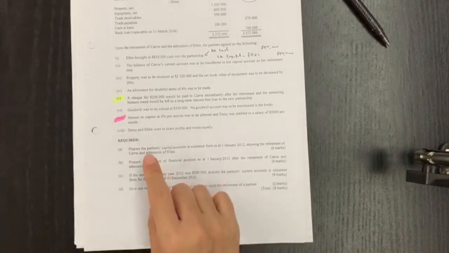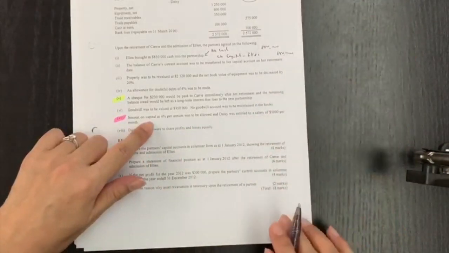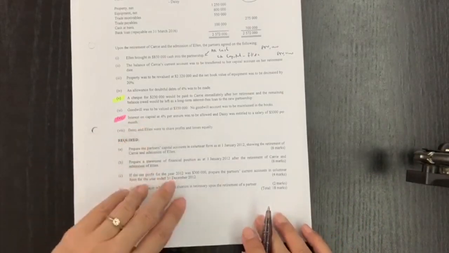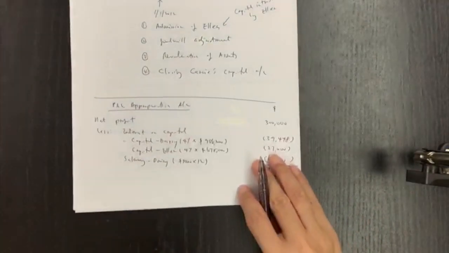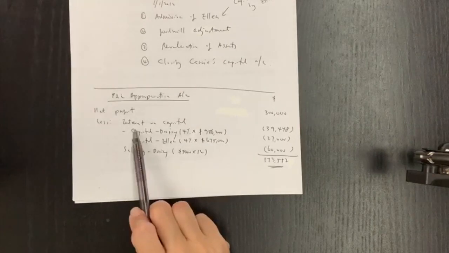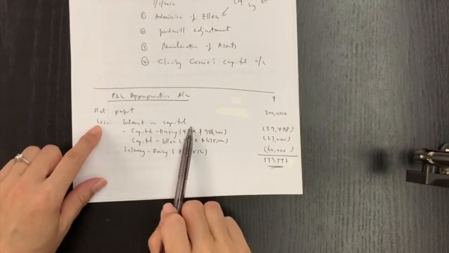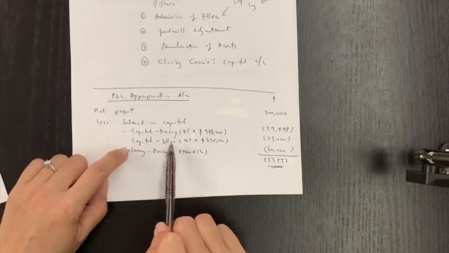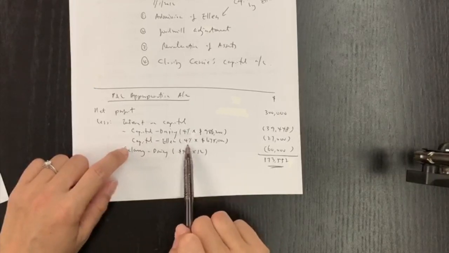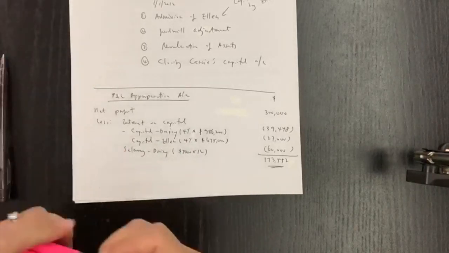So here it is. Interest on capital, to be paid by the firm, so interest on capital to be deducted. We have DSE and Alan. 4% given, 4% given.